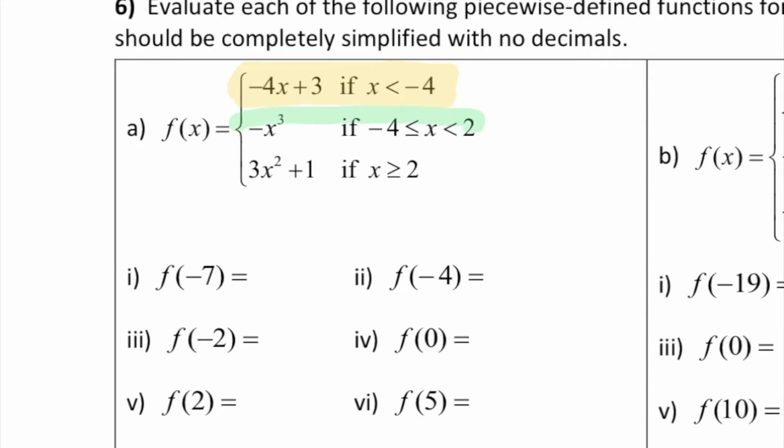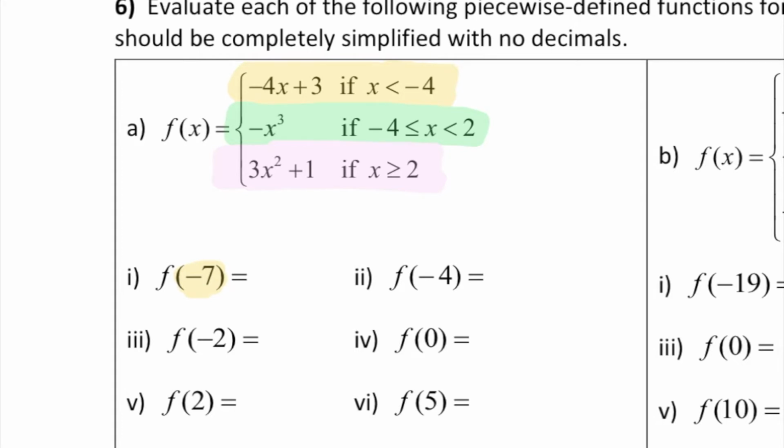The middle equation is for x values from negative 4 to positive 2, including negative 4, not including positive 2. And then this bottom equation is for all x values from positive 2, including positive 2, on up to positive infinity. And so what I'm going to do is look at the different x values and say, okay, negative 7 is less than negative 4.